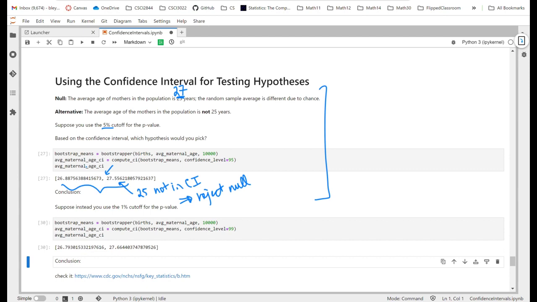It's also possible that 26.8 is, or 26.9, or 27.4. That is why we say we fail to reject the null. I don't say that I accept the null or that the null is true. I just fail to reject it. It's quite possible that 27 is true, and it's also quite possible that 27 is not. I don't have enough information to reject it.